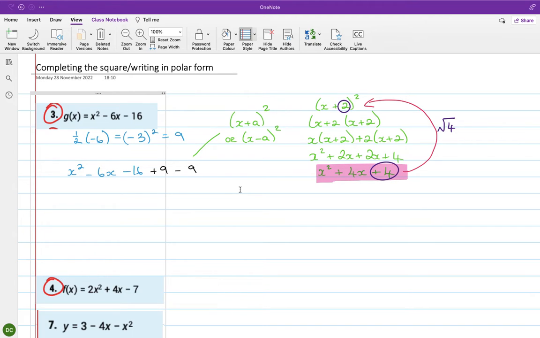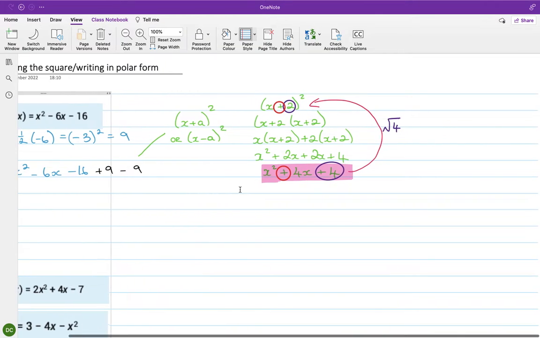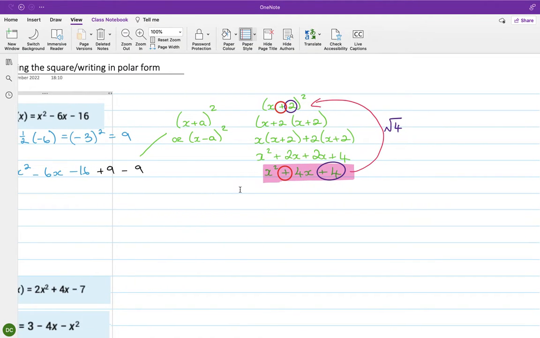And the only other thing you need is whatever sign is there, that's going to match the sign up here. There you go.